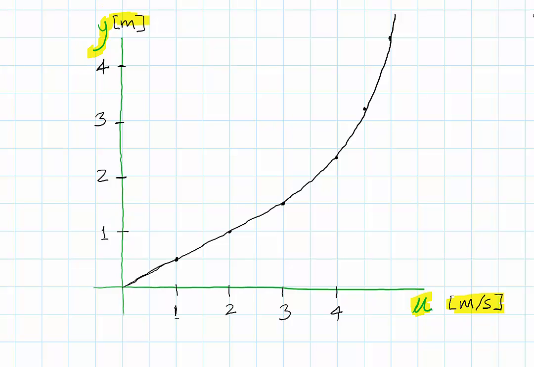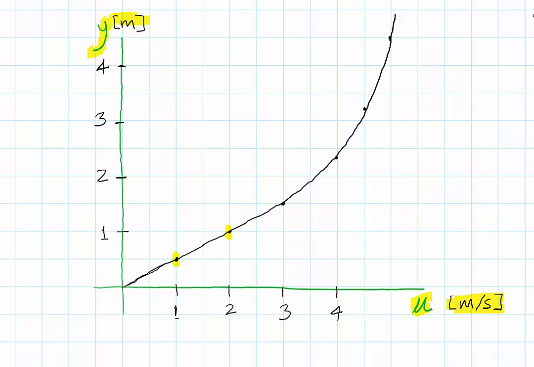Now, if you look at this curve, if you look at 1 meter per second, then you are at, let's say, half a meter. And if you're at 2 meters per second, let's say you're at 1 meter.